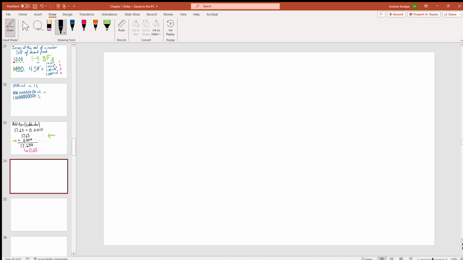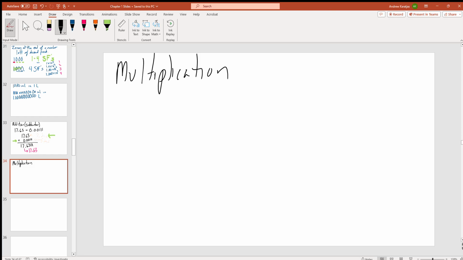Multiplication and division will give us some interesting results as well, if we are strictly thinking about significant figures. Because if I gave you this problem, hopefully most of you would give the correct answer of 21. But if we're taking sig figs into account, we would actually need to round that to 20.